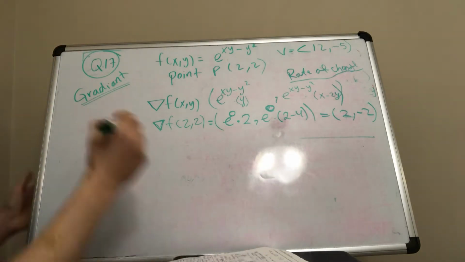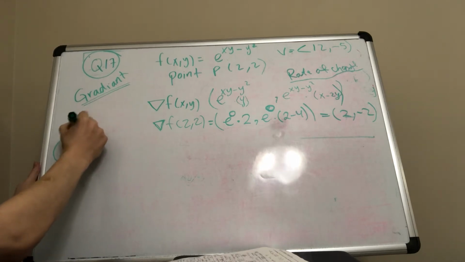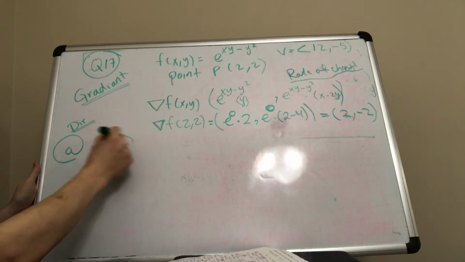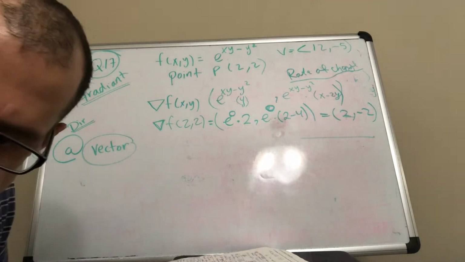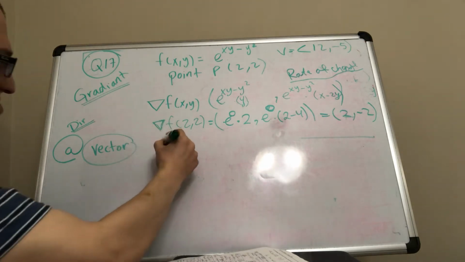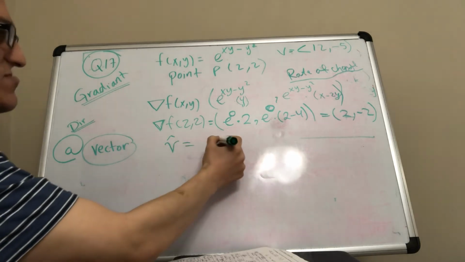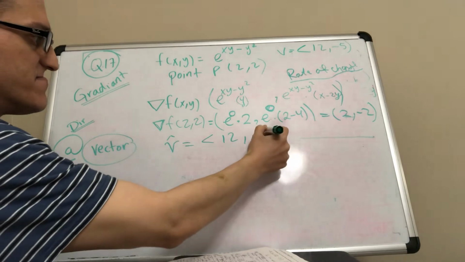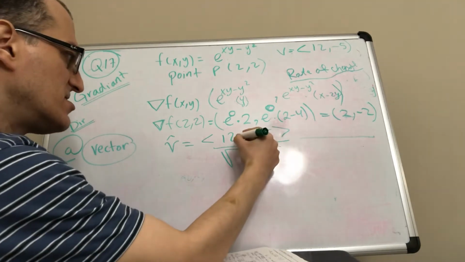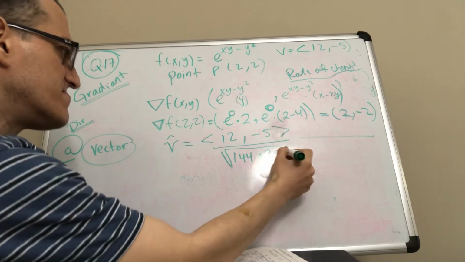Once you do this, the first question was, what's the gradient if it's in the direction of the vector? So the first thing is if it's in the direction of the actual vector. First of all, you need to find the normal vector. The normal vector is, you take it, you divide it by the magnitude: the first one squared plus the second one squared.